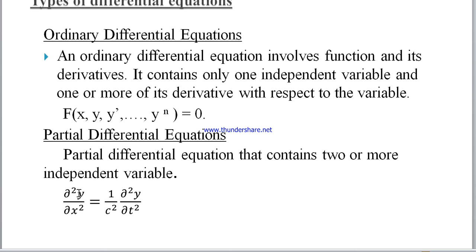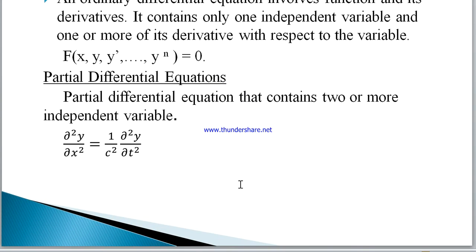In partial differentiation we consider only one independent variable as the variable, and all the remaining variables are considered constants. That's why we write dou square y by dou x square equal to 1 by c square dou square y by dou t square. This type of equation is called a partial differential equation.